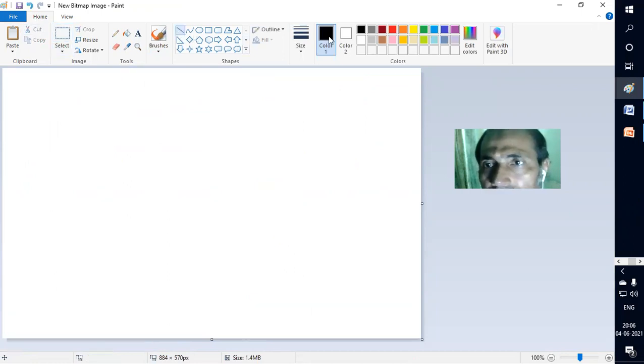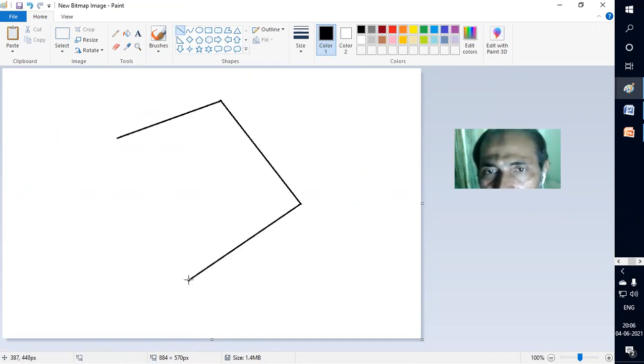See here, this is one vector, this is another vector, this is another vector, and this is another vector. Totally, you have 4 vectors.